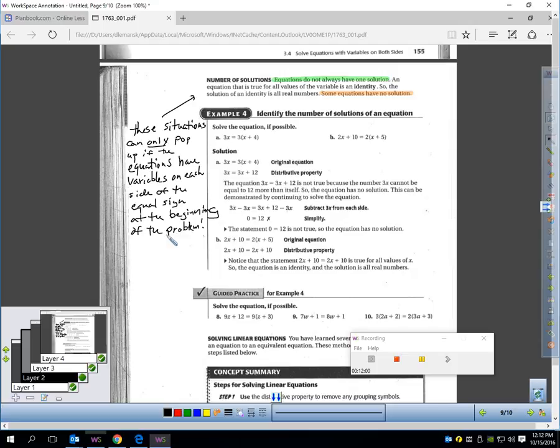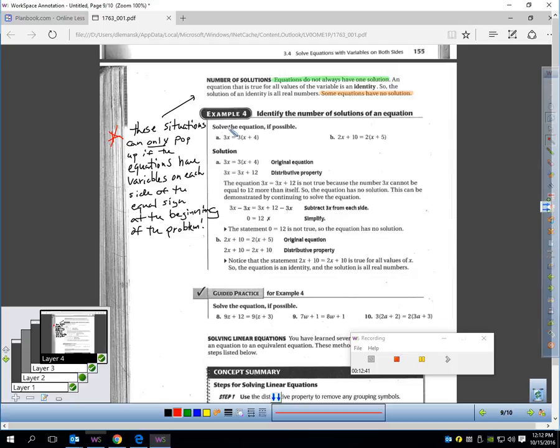Okay, in other words, if you have variables on one side of the equation only, you're going to get one answer for those every time. But if you have variables on each side of the problem, like the problems we're practicing now, these situations could pop up. So this is something you have to be aware of, okay? The only time I can get an identity or no solution answer is if the problem starts with variables on each side of the problem.